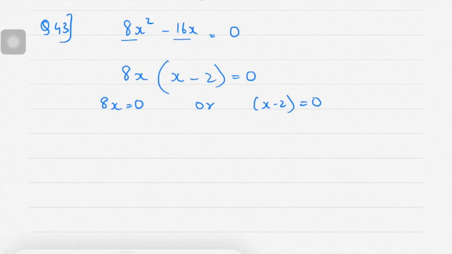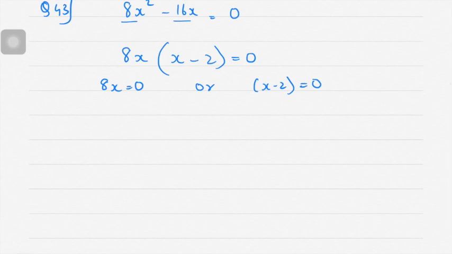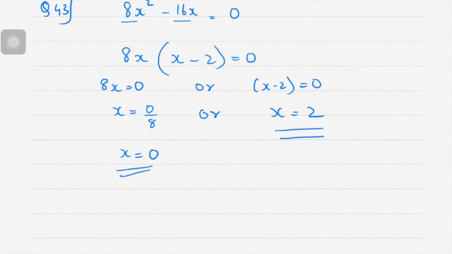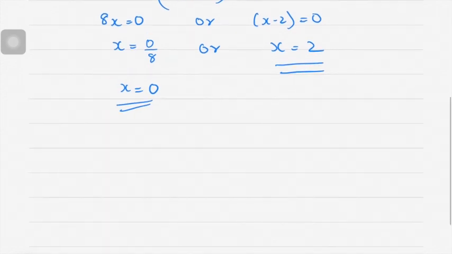So x is equal to 0 by 8, which is 0, or x is equal to minus 2 will come to the other side and become plus 2. So x is equal to 0 or x is equal to 2.